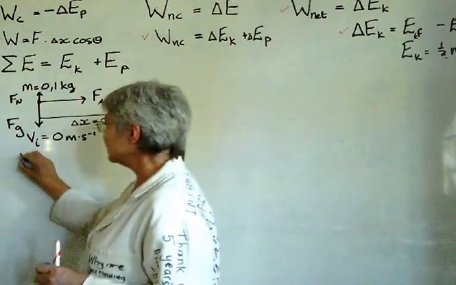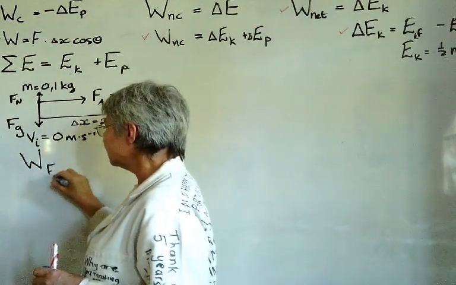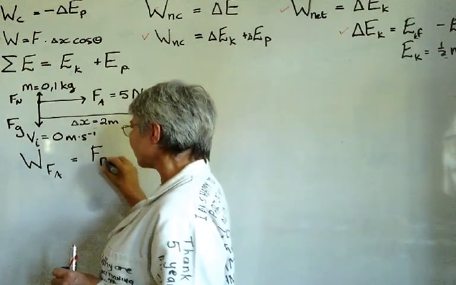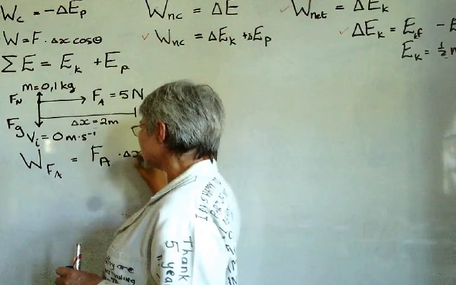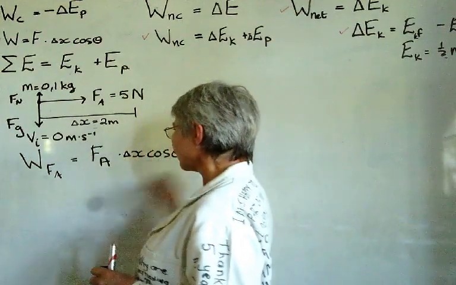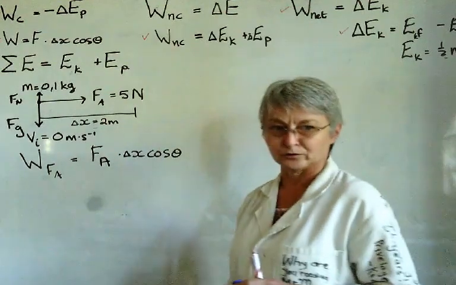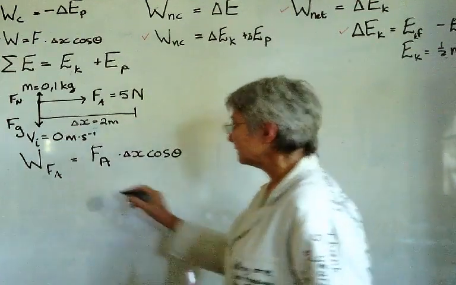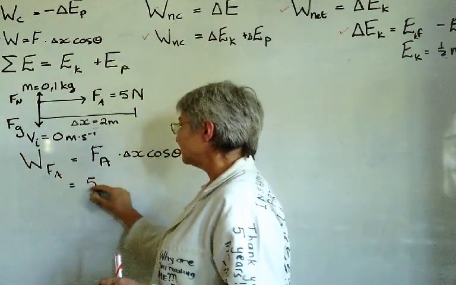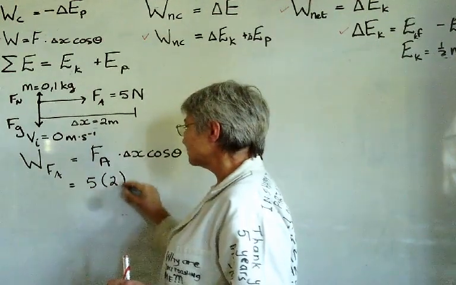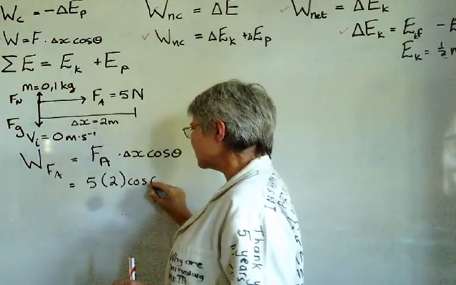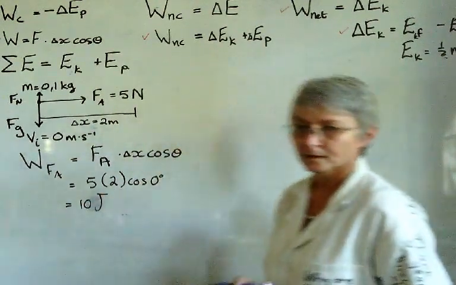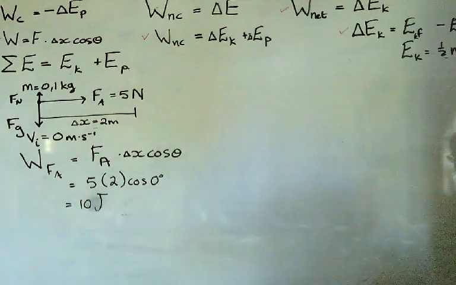So W of F applied equals F delta x cos theta. This is easy. I don't want to bore you. Can you see that it's easy? Yeah. Okay? So it's 5 times 2 cos 0. So that is 10 joules.